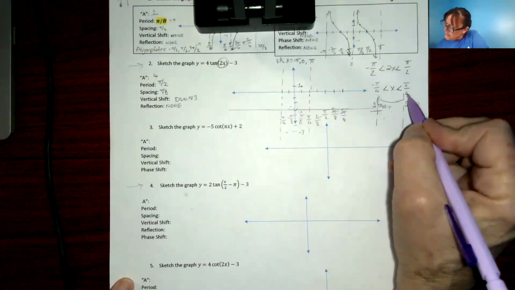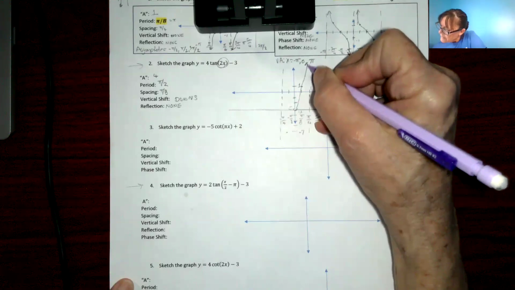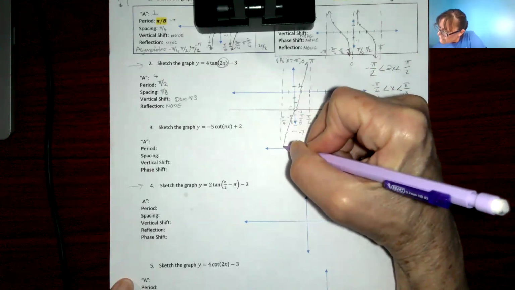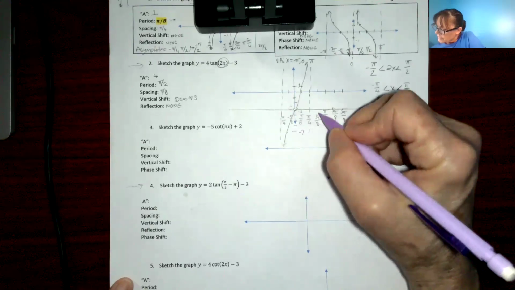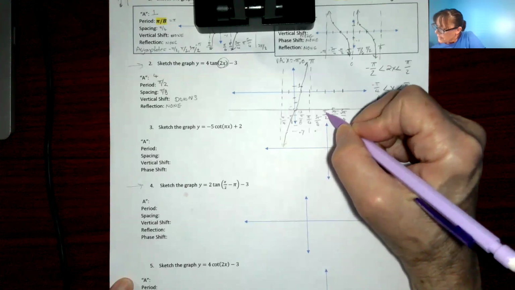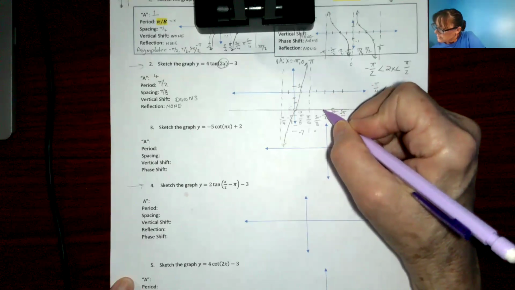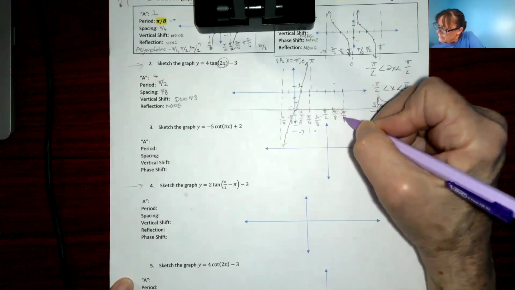This is where I end. And this gives me one clean cycle of my tangent graph. And then I repeat the pattern. So this is low down here at negative 7. Middle, high up here at 1, and then asymptote.